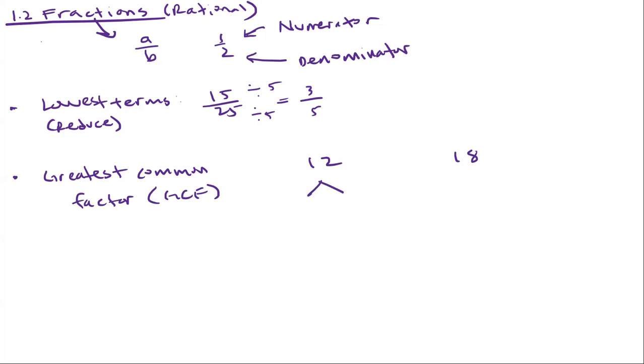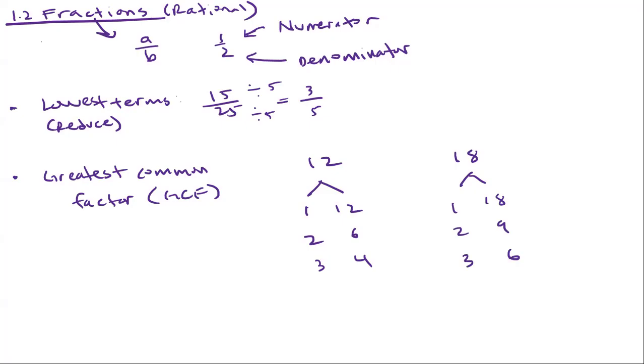So for 12, that would be 1 and 12. Those are the factors of 12. Another pair would be 2 and 6, or 3 and 4. Okay. So those are the factors of 12. And then we do the same thing for 18. So the factors of 18, of course, are 1 and 18, 2 and 9, and then 3 and 6.